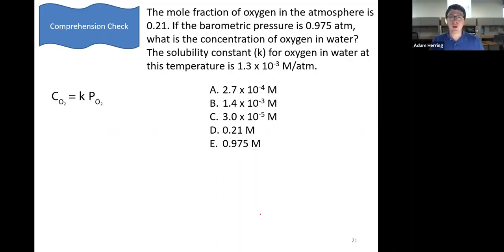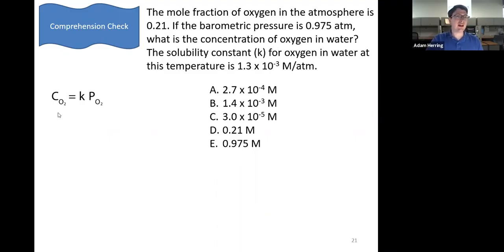How do we know? Well, we're dissolving a gas in water, and we are told the pressure of the barometer, the total atmospheric pressure. We're also told the solubility constant.